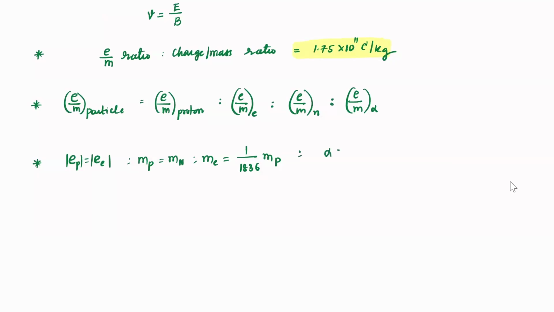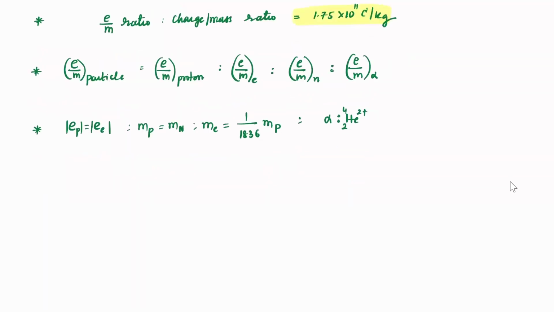Alpha particle is nothing but helium 2 and 4, 2 plus, that means helium positively charged ion particle. So alpha rays are nothing but helium nucleus moving with a high speed. That's what we call it as alpha rays. Now if you substitute this back into this equation, I also know that charge of neutron is 0. So it is neutral.